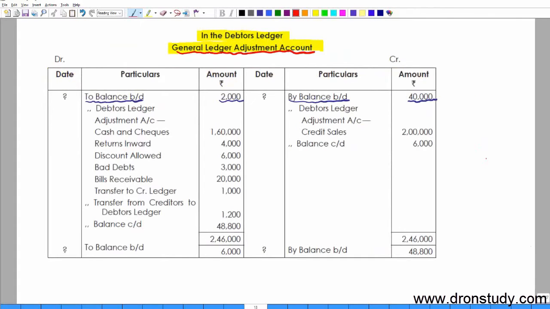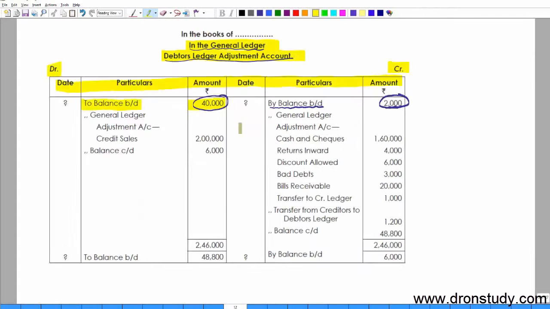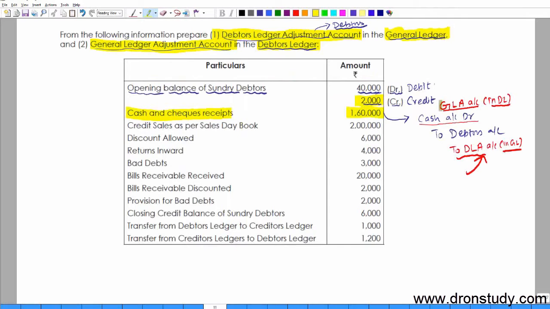It means in general ledger adjustment on debit side, we'll say to debtors ledger adjustment account, cash and cheques 1,60,000. So the entry is general ledger adjustment to debtors ledger adjustment. We have completed this part, that is in debtors ledger we have debited general ledger adjustment.